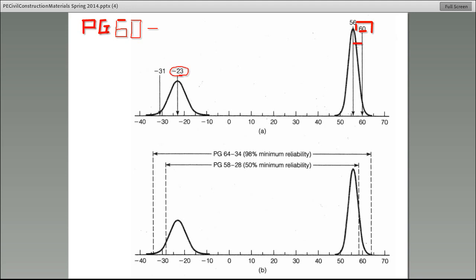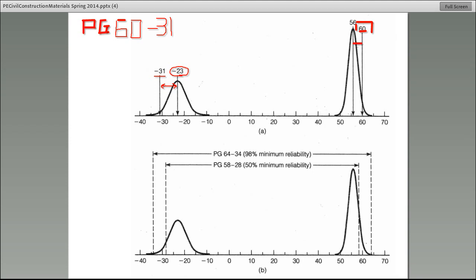This is the cold side. We have to go away to get the severe side. So here, they give you 4 degrees centigrade as the standard deviation. So 2 times 4 is 8. You move away 2 standard deviations, what do you get? You get minus 31. Does everybody see that? Minus 31. So statistically, 2 standard deviations away from the mean will give you 98% reliability.